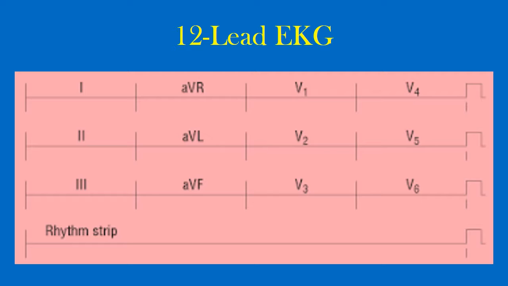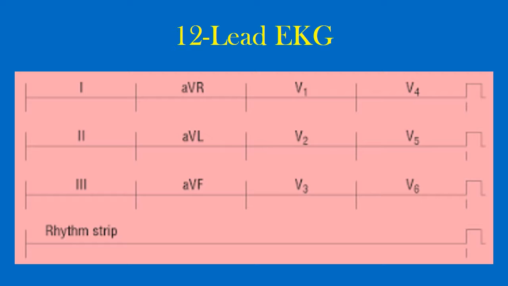Okay, now let's look at the 12-lead EKG paper from which most of our interpretation will come from. As its name implies, the 12-lead EKG will be broken down into 12 leads or views of the heart, as well as a rhythm strip at the bottom.